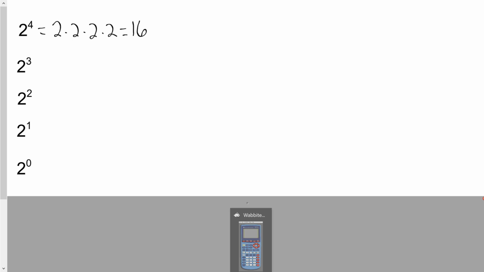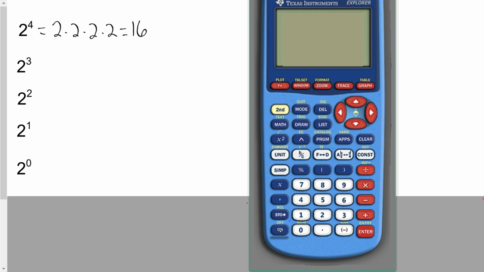So let's take a look at some other things. We're going to use what we know about exponents so far to actually start talking about 0 and negative exponents. 2 to the 4th power, we know can be written as 2 times 2 times 2 times 2. Basically, that means times 2 4 times. Right? 2 times 2 is 4 times 2 is 8 times 2, which is 16. If you don't believe me, pull out your calculator and type it in.